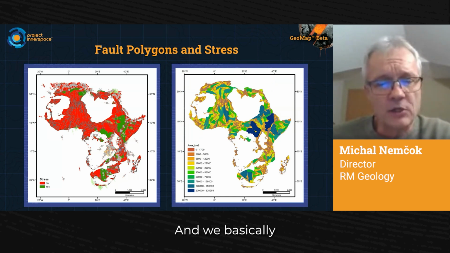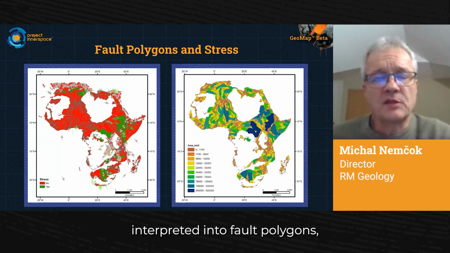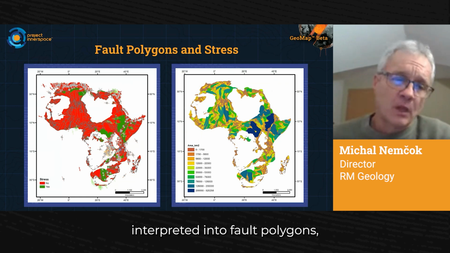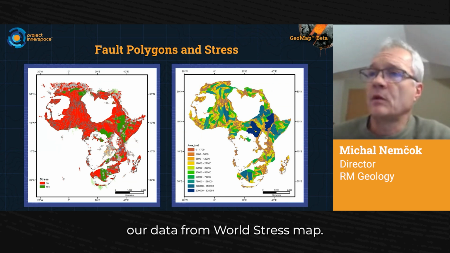And we basically put together two data sets. This one interpreted into fault polygons, and we combined it with data from the World Stress Map.